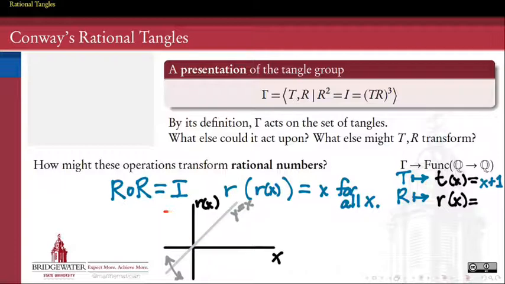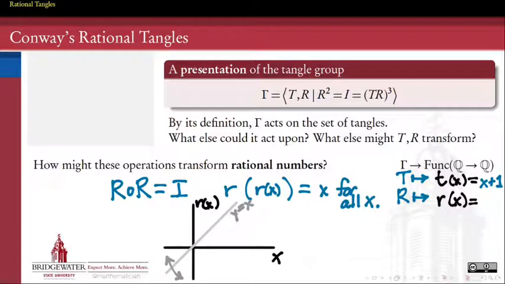x. So x itself, right? r of x equals x. And why do we not want that as our example here? Because it's already just the identity, right? It's trivial. And we know that r is actually a meaningful operation on tangles, and so we want its representation here to also be not the identity.